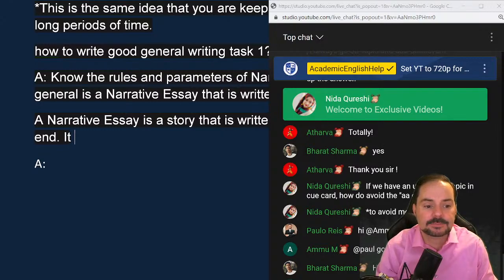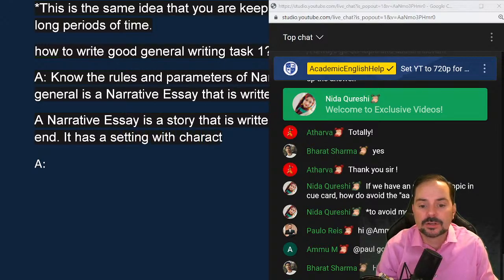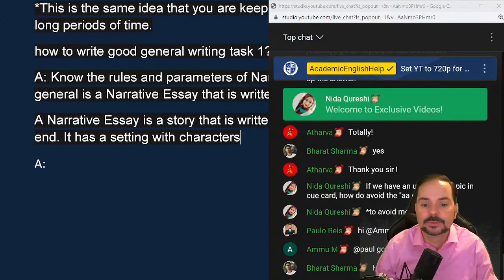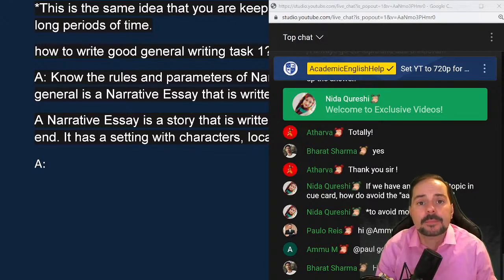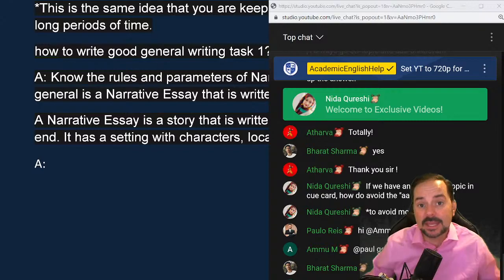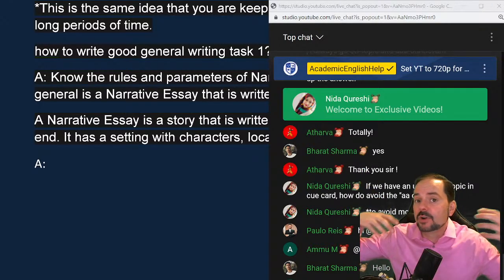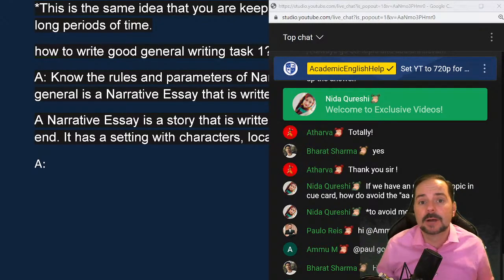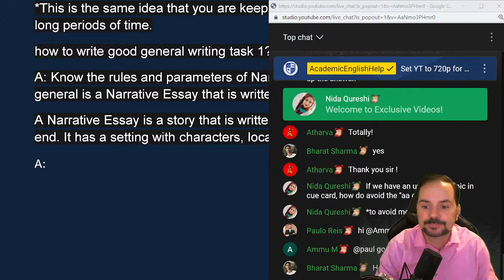It has a setting with characters, so the location, the time. It has the main story, a climax, so some kind of conflict or problem or a surprise that it builds up to, and then a solution. So it has all of those.